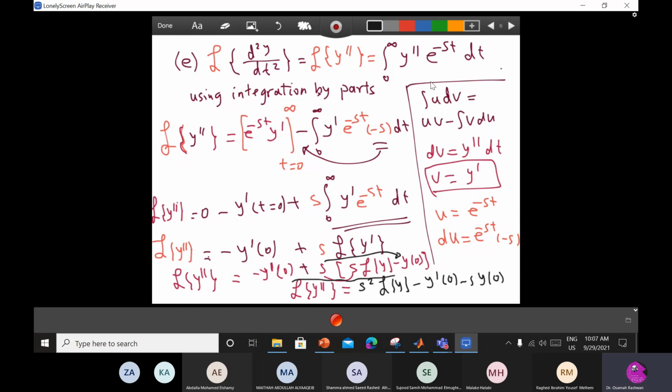This is the Laplace transform for the second derivative.